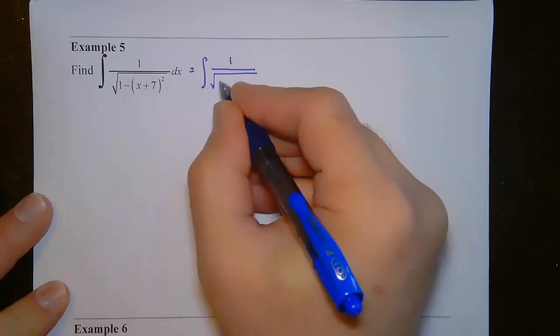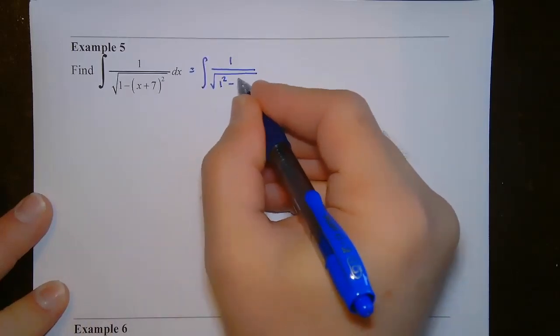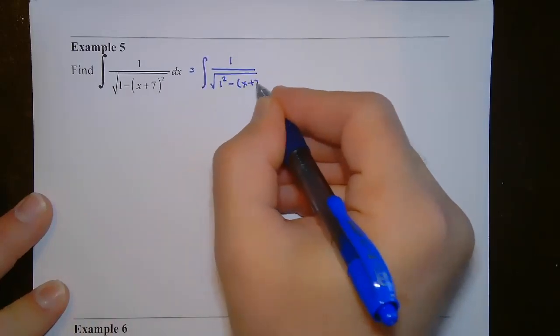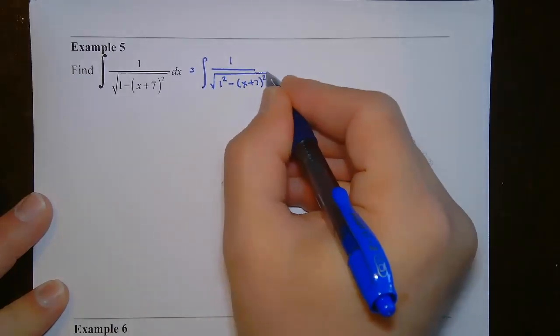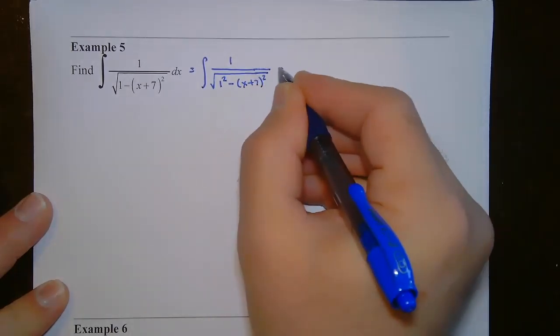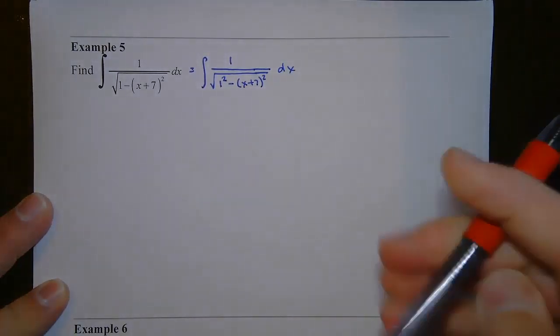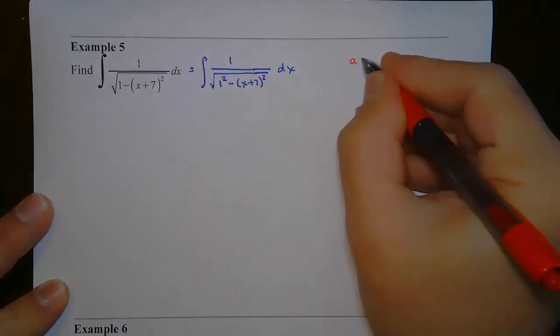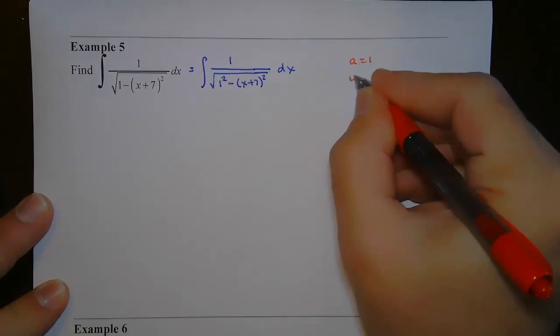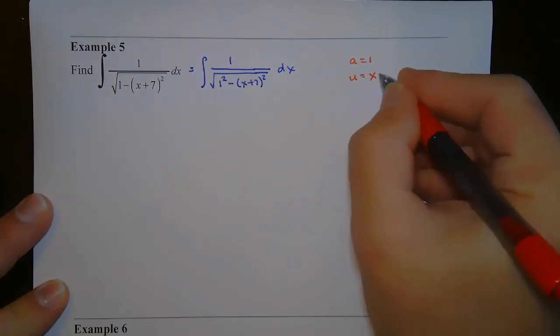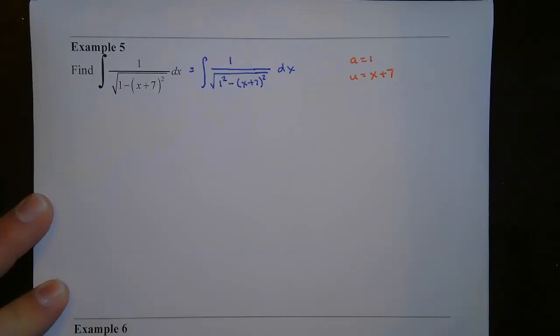Well, it's 1 again. So 1 squared minus x plus 7 squared, and then dx. You can tell from this that your a is 1 and your u is x plus 7.